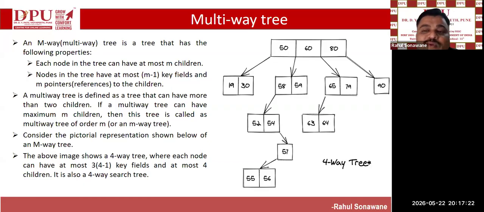And there will be m different pointers pointing to the children of that given node. So it is defined as a tree that can have more than 2 children. If an m-way tree can have maximum m children, then this tree is called a multi-way tree of order m, or m-way tree. This is the pictorial representation of the 4-way tree.